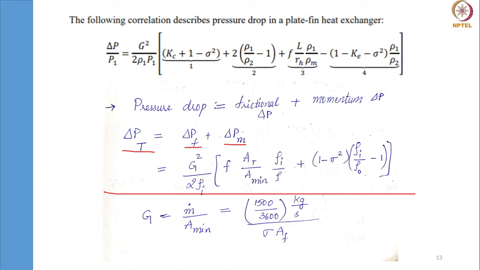I suggest you calculate each of these quantities separately: mass flux G, rho inlet that is given, and AT by A minimum that we are going to get from the data given. I suggest that you go step by step before plugging in the final answer.